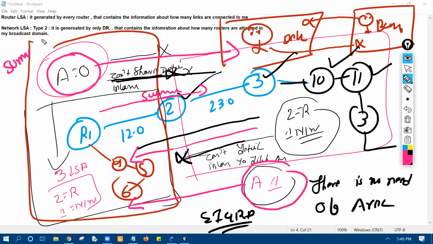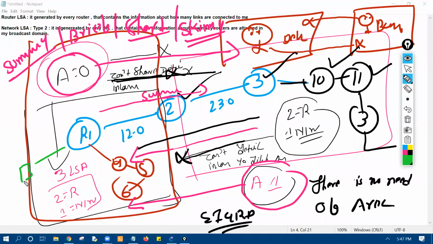Summary means what? A brief information, short information, skinny information, so that the users sitting behind R1 and the users sitting behind R3 can communicate.